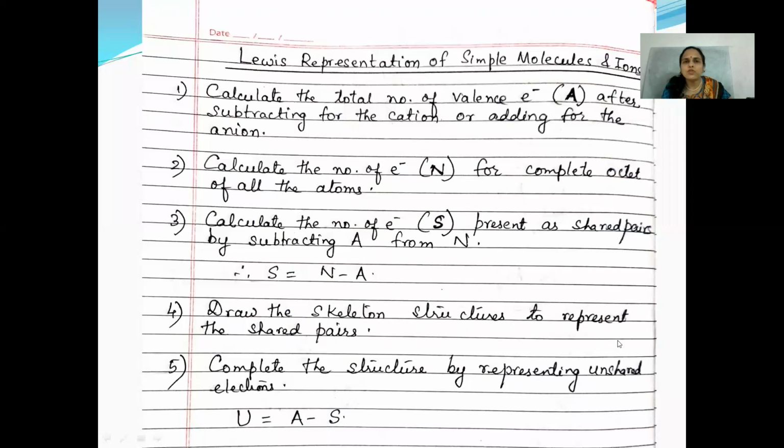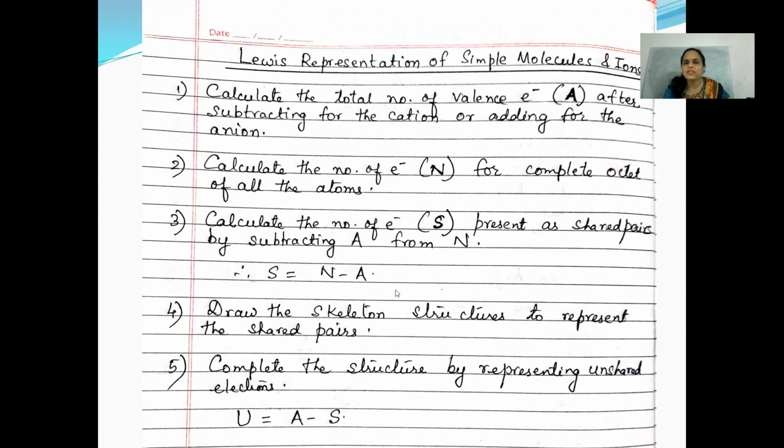Now there are some rules to represent the Lewis representation of simple molecules and ions. Understand this concept carefully. The first rule is to calculate the total number of valence electrons, A, after subtracting for the cation or adding for the anion.